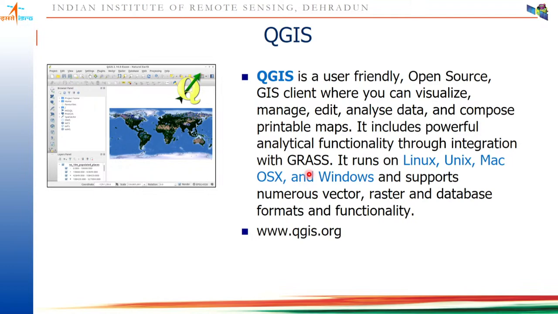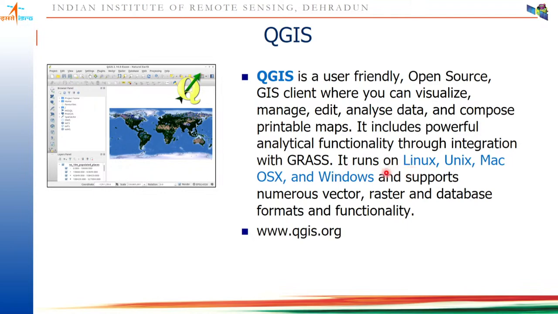And earlier you could also do things like TauDEM and Orfeo. These different toolboxes could also be integrated. But with recent upgradations and API changes, I think they are not currently integrated, but you can still do that in earlier versions of QGIS.